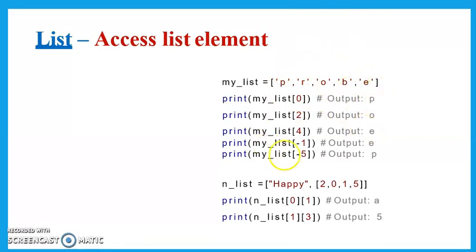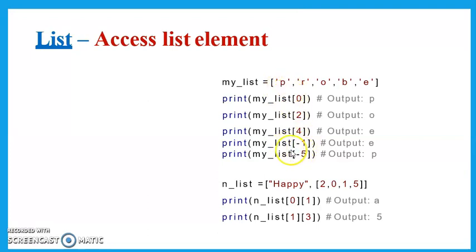In this case, positive indices range from 0 to 4, and negative indices range from -1 to -5. So 0 represents P, 1 represents R, 2 represents O, 3 represents B, and 4 represents E. These are the positive indices. In negative indices, -1 represents E, -2 B, -3 O, -4 R, -5 P.